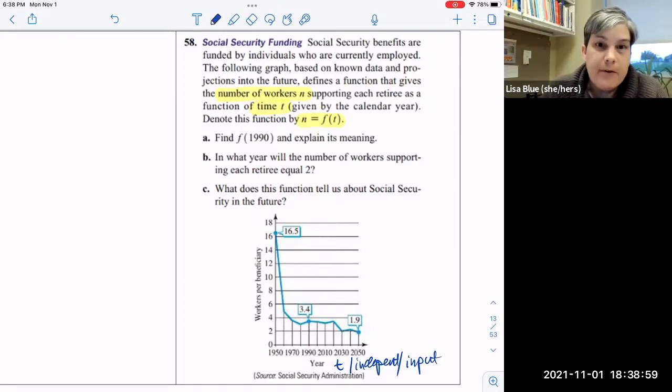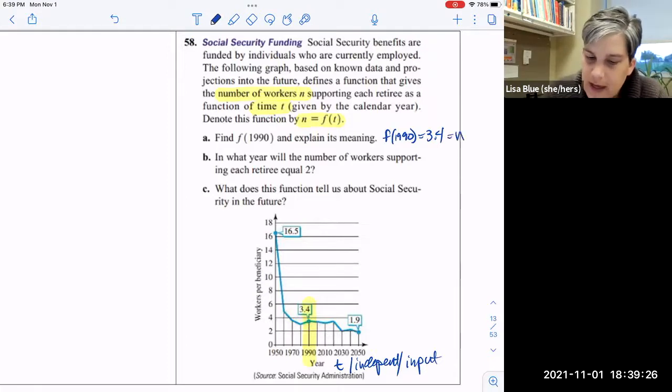So if we find f of 1990, that means we're going to come right up here and we see that they've marked that value. And we see that f of 1990 equals 3.4.